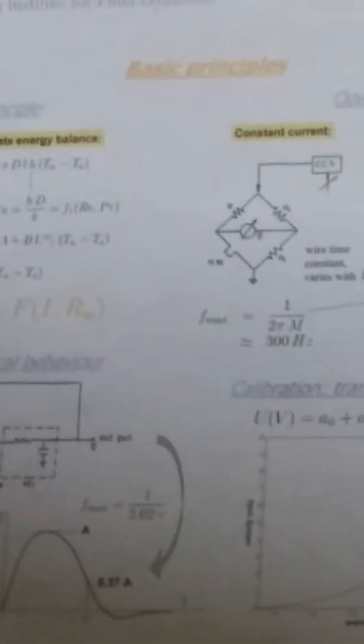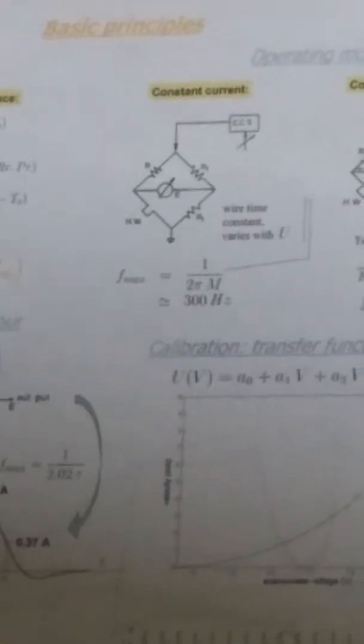An energy balance is established between the wire itself and the environment, the flow. So as the flow changes its characteristics, this energy balance also changes, and this is what you can actually appreciate through the hot wire.